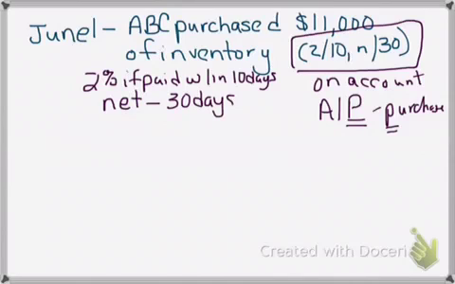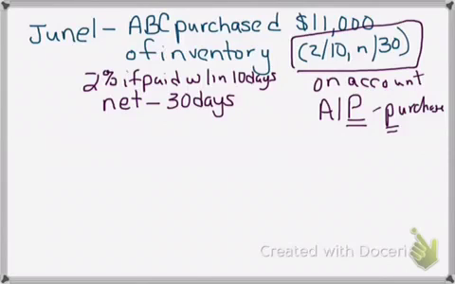And that's what that 2/10 net 30 actually means. It doesn't really mean anything other than accounts payable for this particular entry. It means something when we get ready to actually pay for it, and so we'll have to use that information.